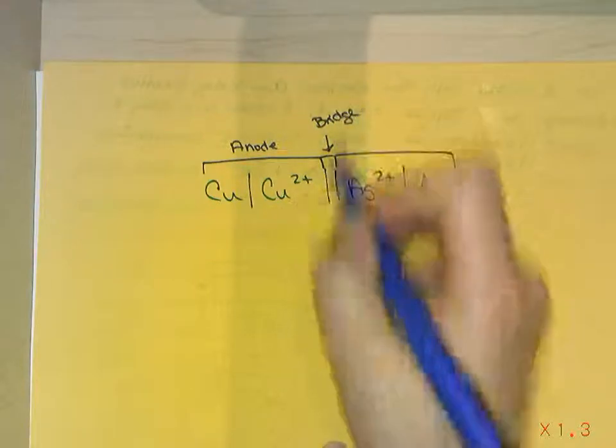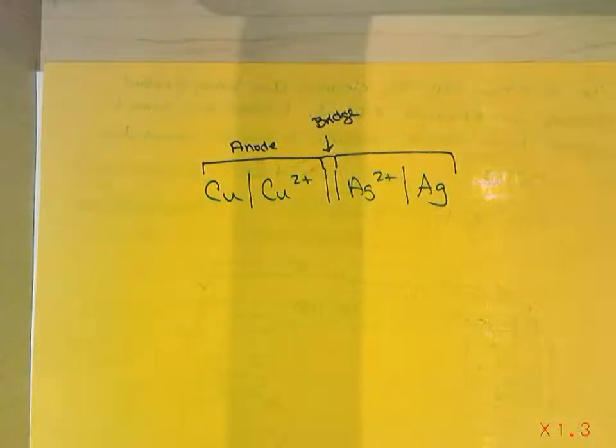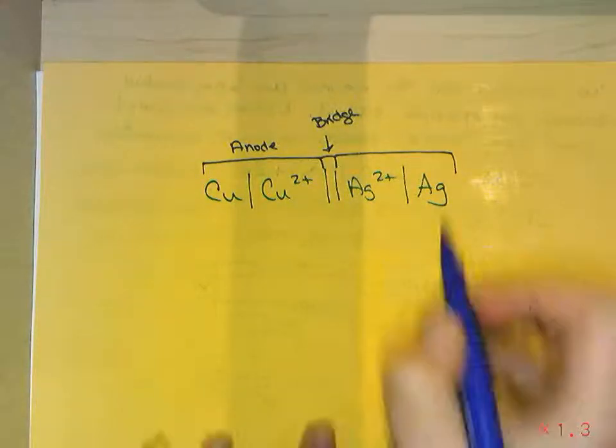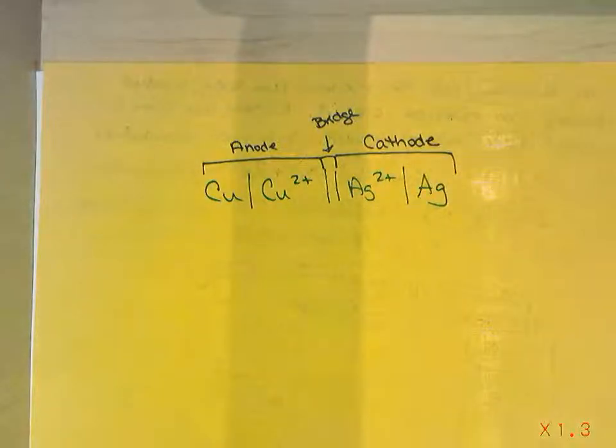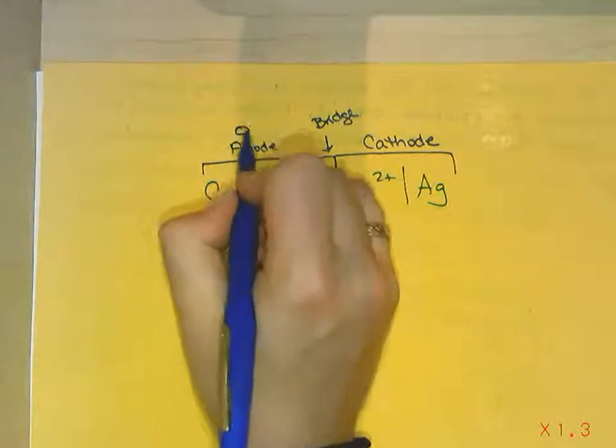Everything to one side of the double line is anode. Everything to the right is the cathode. Which means that this side is my oxidation. This side's my reduction.